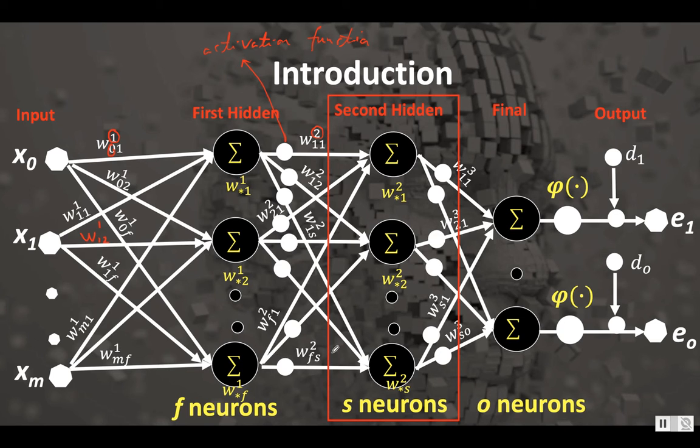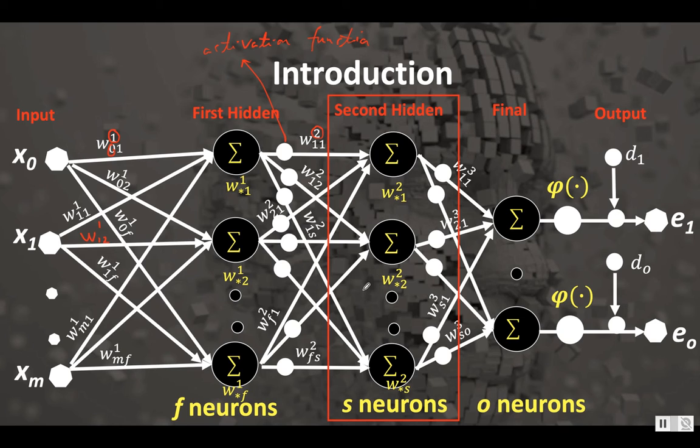Similarly, assume we have a total of S neurons in the second hidden layer. The last one is equal to W2FS. This 2 means it goes to the second hidden layer, this F means it comes from the output of the F neurons, and S means it goes to the S neurons in the second hidden layer. Okay, this is the first hidden layer and the second hidden layer.